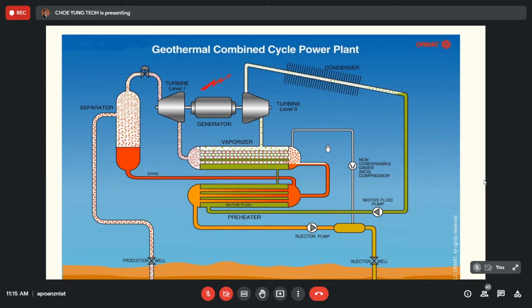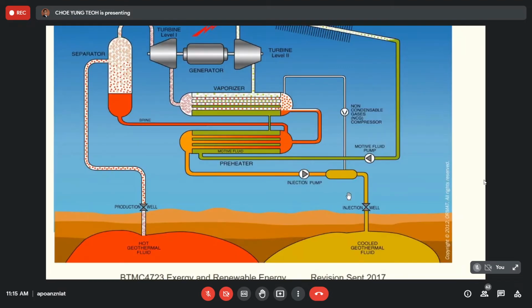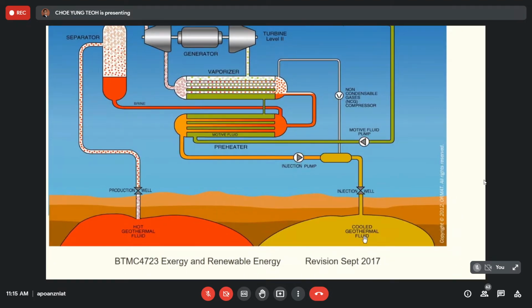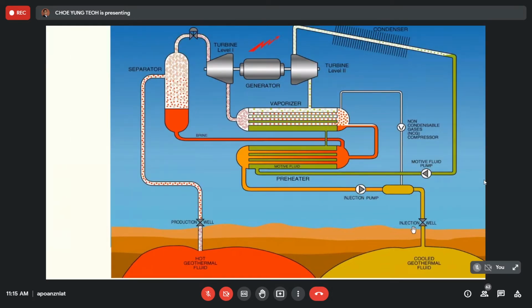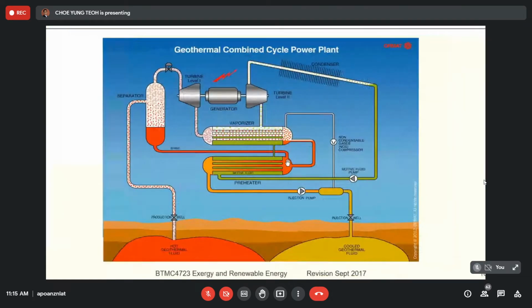So they do not want to release anything to the environment. They will compress the gas and pump it back to the ground. So that is the full combined cycle, maybe for high pressure resources where you are able to use the steam twice.